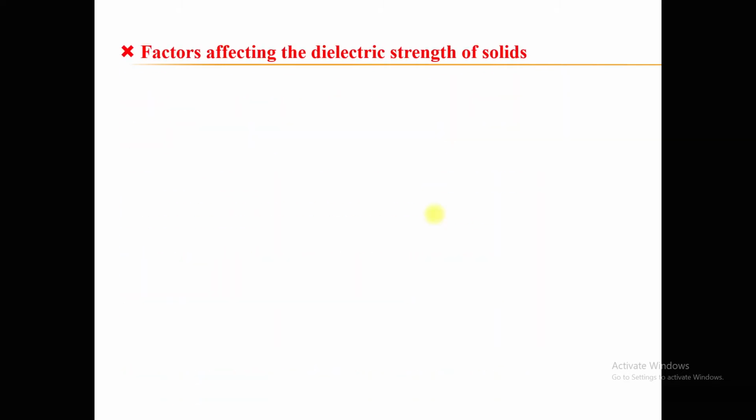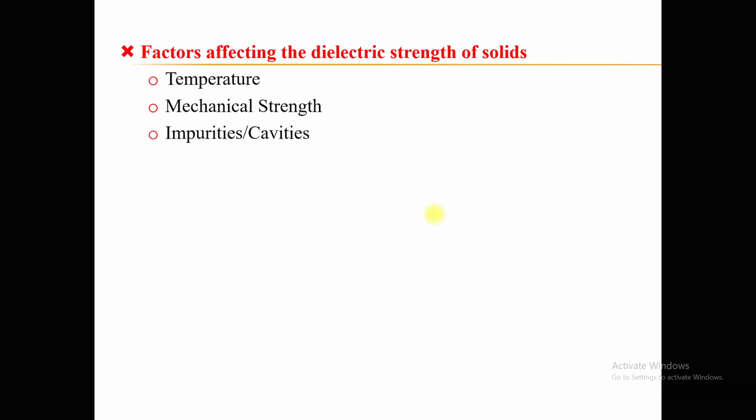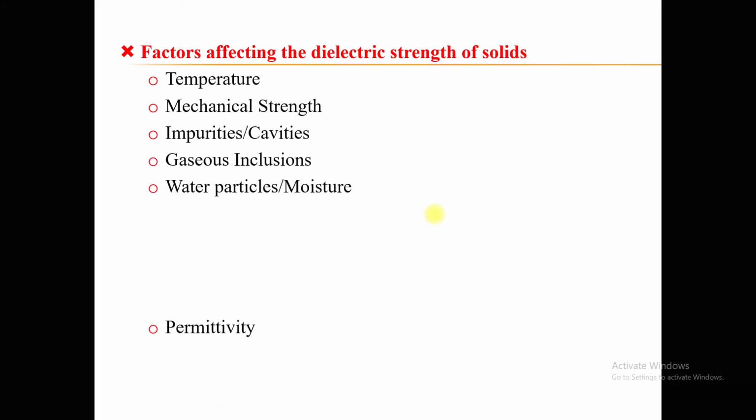The factors that generally affect the dielectric strength of solids are, first, temperature, second, of course, its mechanical strength, impurities or cavities, gaseous inclusions, water particles or moisture, and permittivity. So these are the factors which entirely govern the dielectric strength of solids. Okay, the chemical deterioration as well.